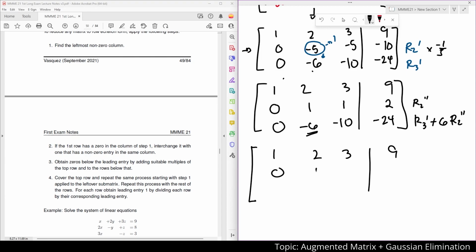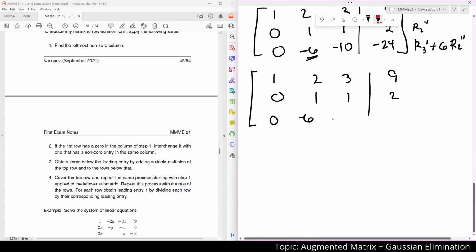We have 0, 1, 1, 2. Ito, hindi na rin magbabago yan. Second row. Third row, and rows below na lang yung mababago. We have 0 plus 6 times R2 prime, pero 0 lang siya. So 0 lang yan. We have negative 6 plus 6 times 1.